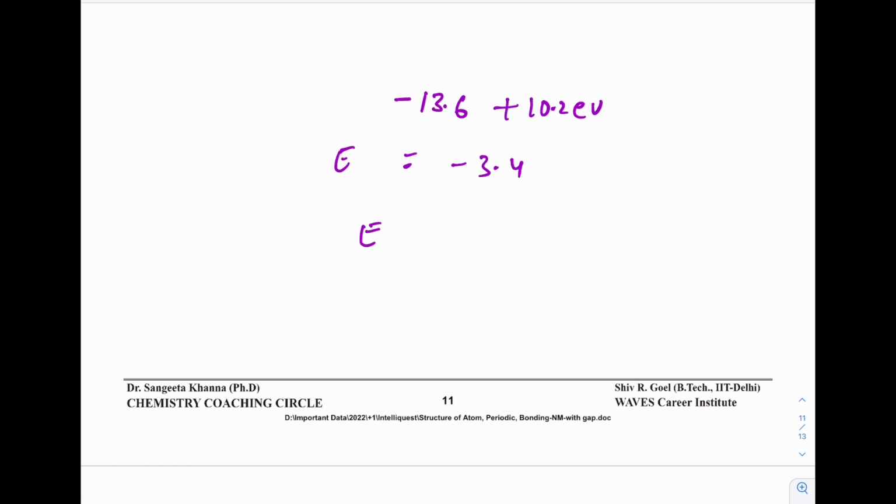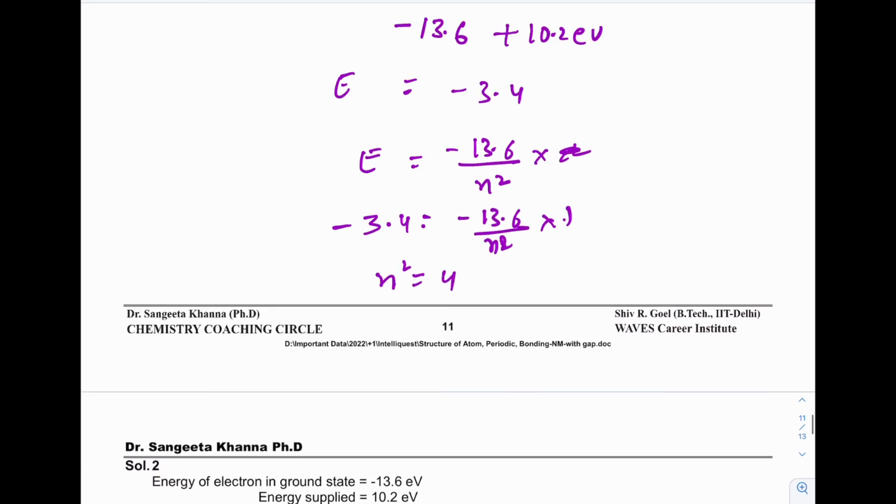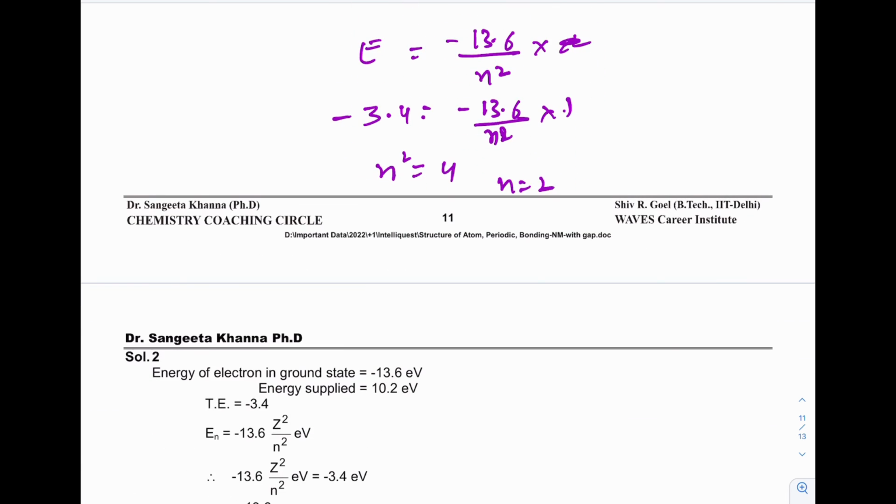Energy of any shell is minus 13.6 by n square into z square, and E is minus 3.4. So here we can find n square. It is 4, so n will be 2.